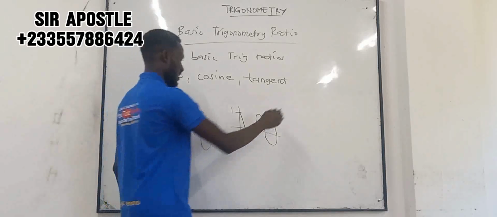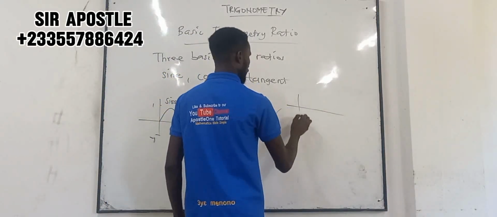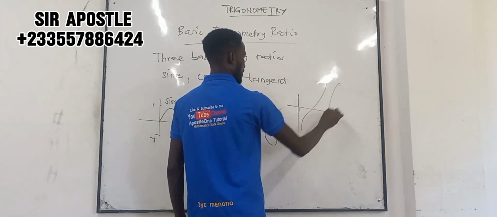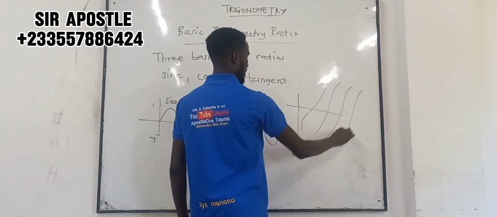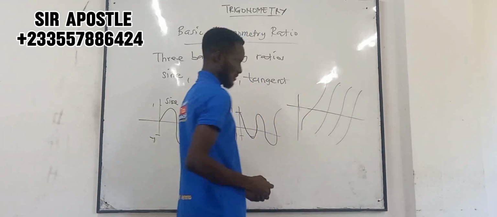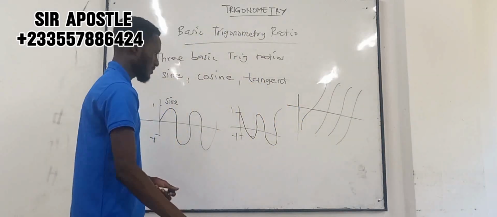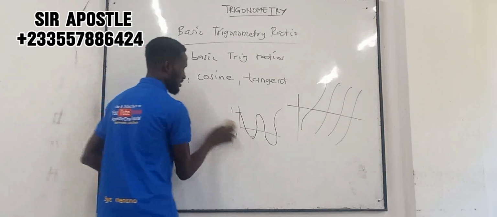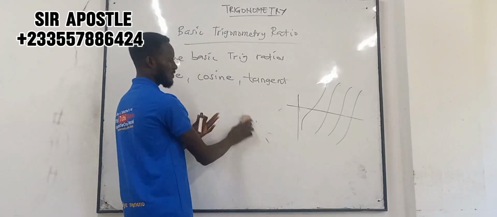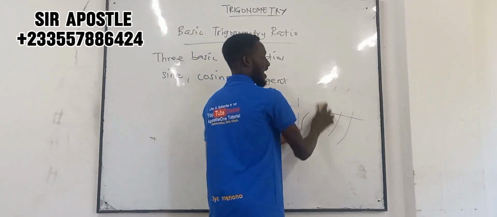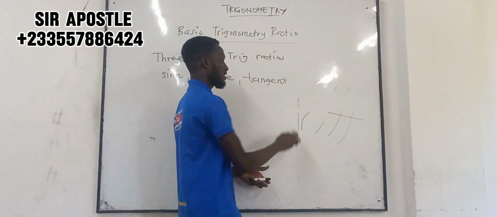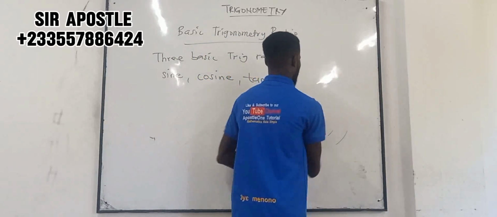Now the tangent graph goes like this. As time goes on, we will learn more about this. You see, the nature of the graph looks like the waves of a sea, so it is very applicable in real-life situations.